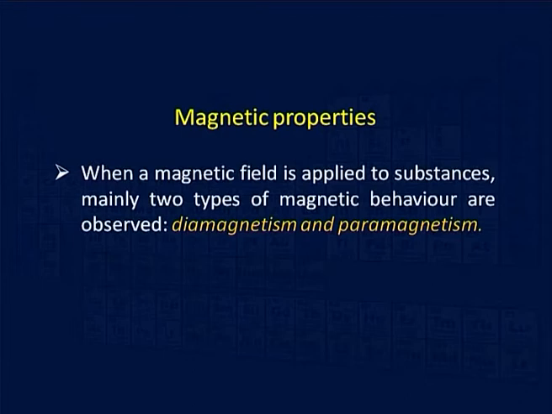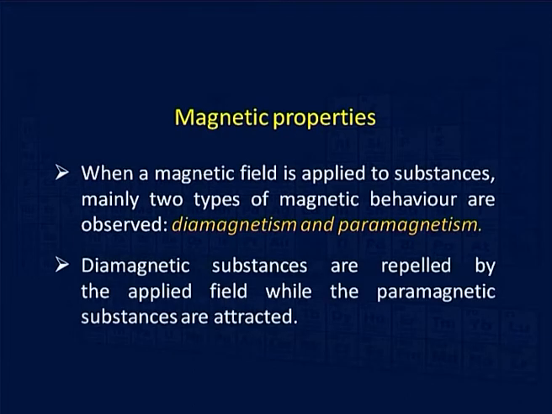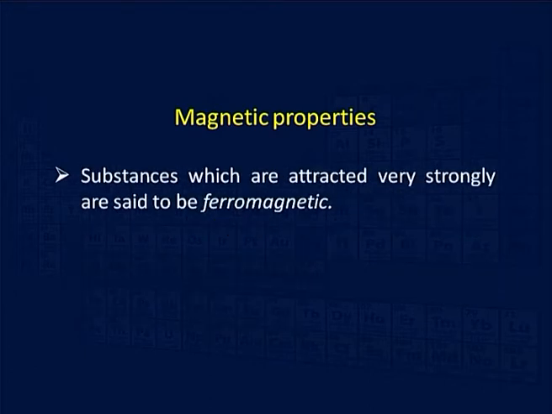In this case, you will have two types of behavior, namely diamagnetism and paramagnetism. A diamagnetic substance is generally repelled by the applied magnetic field, while a paramagnetic substance is attracted. The substance which is attracted very strongly by the magnetic field, in fact, behaves as if it is a magnet, and is known as a ferromagnetic substance.